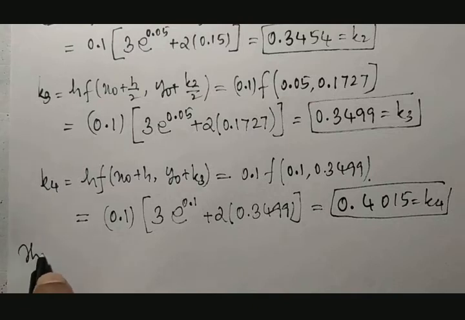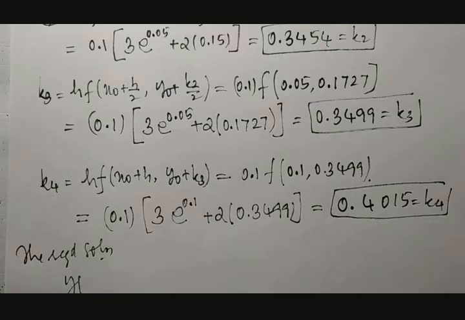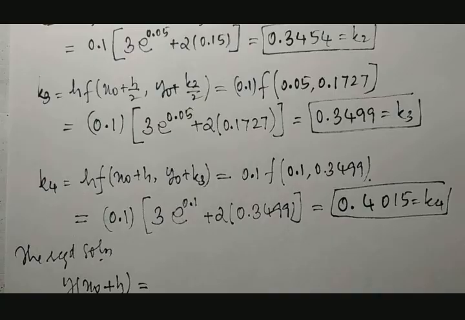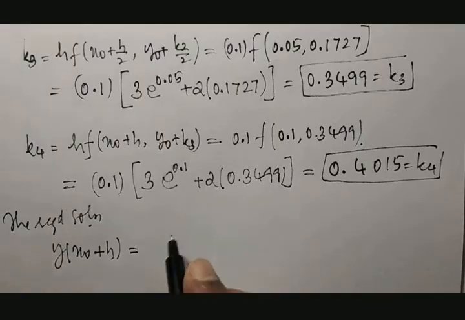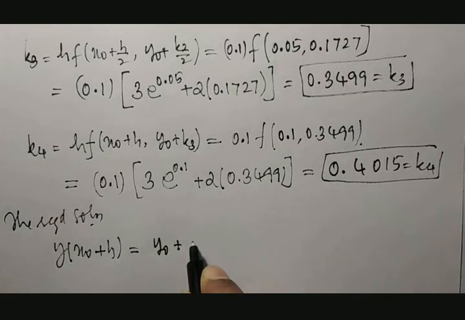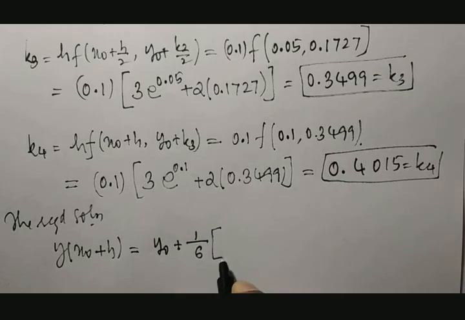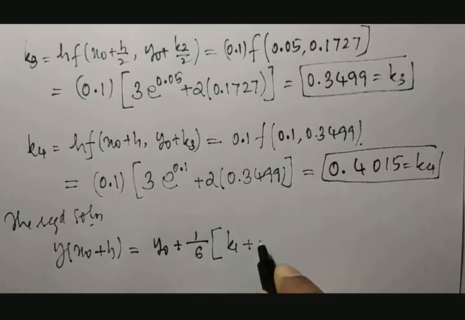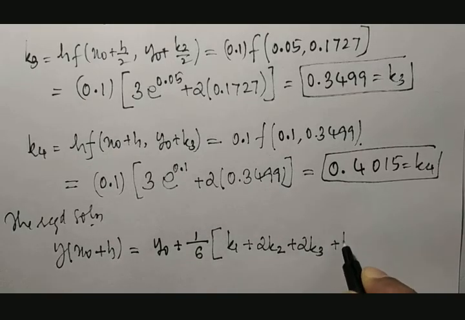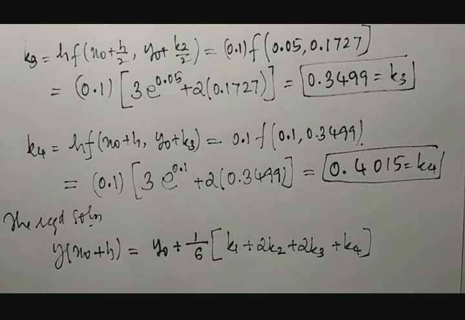Therefore, let us go for the solution. The required solution can be obtained by using the relation y(x0 + h) is equal to y0 + 1/6 (k1 + 2k2 + 2k3 + k4).